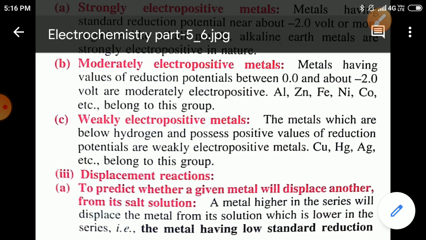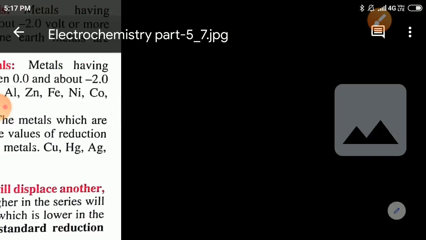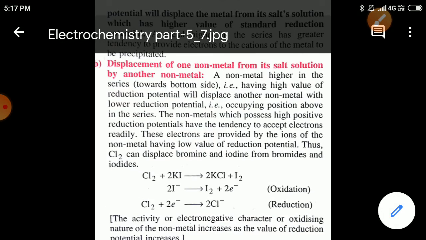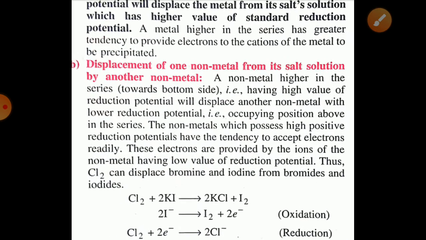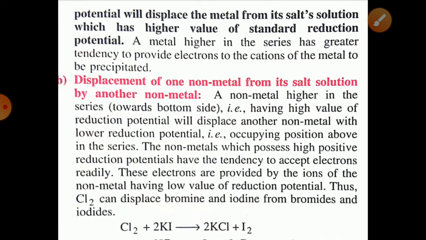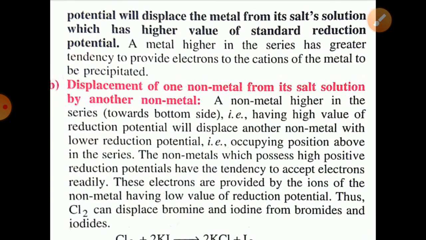The first case is to predict whether the given metal will displace another metal from its salt solution. A metal higher in the series will displace the metal from its solution which is lower in the series. That is, a metal having a low standard reduction potential will displace the metal from its salt solution which has a higher value of standard reduction potential.